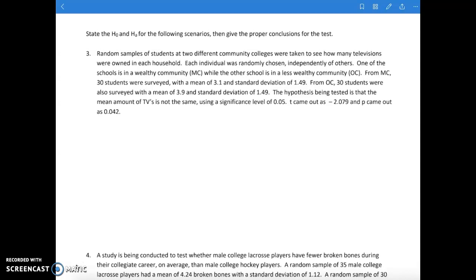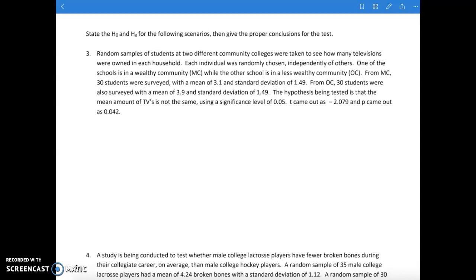And from OC, 30 students were also surveyed with a mean of 3.9 and a standard deviation of 1.49. The hypothesis being tested is that the mean amount of TVs is not the same, using a significance level of 0.05. T came out as negative 2.079 and P came out as 0.042.